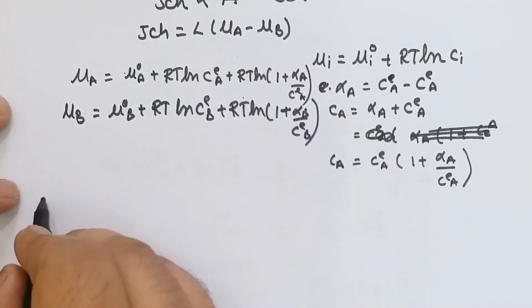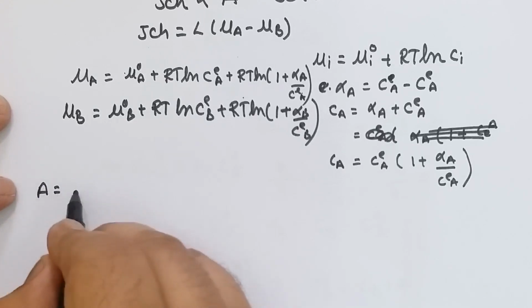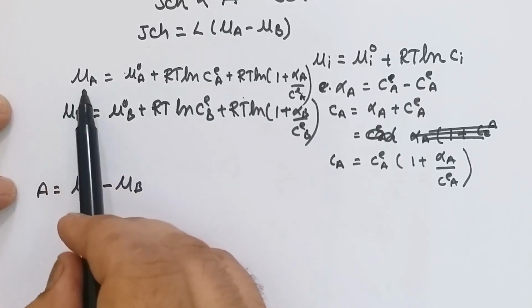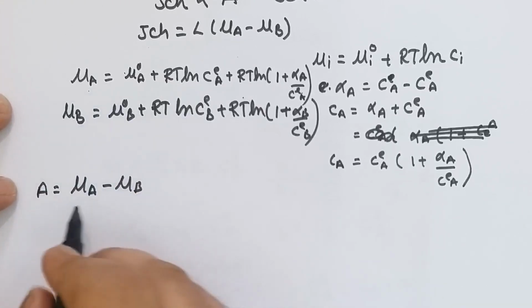Now we have A, that is affinity, is equal to mu A minus mu B. So we have the value of mu A, we have the value of mu B. Both of these can be substituted over here.